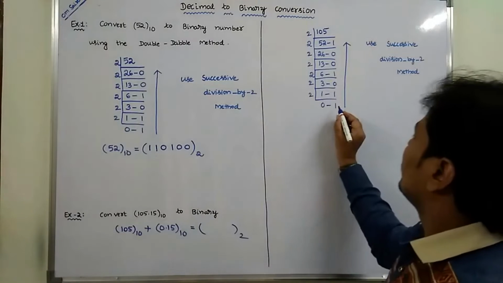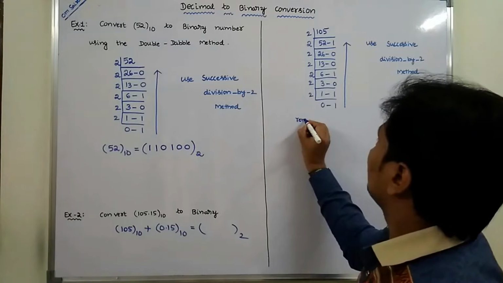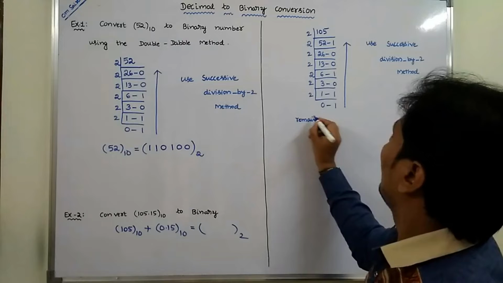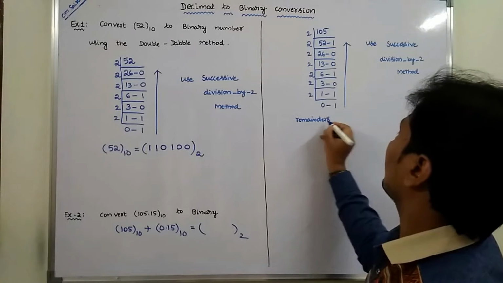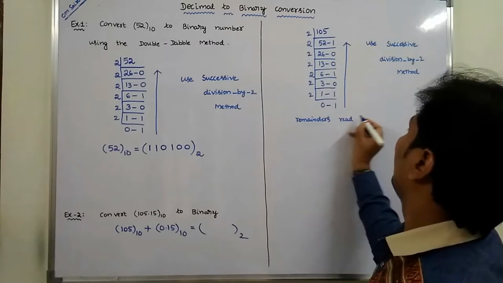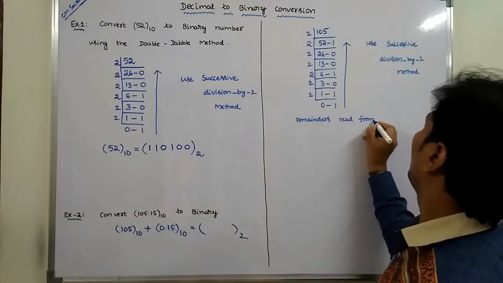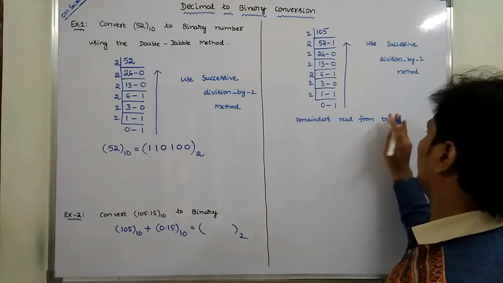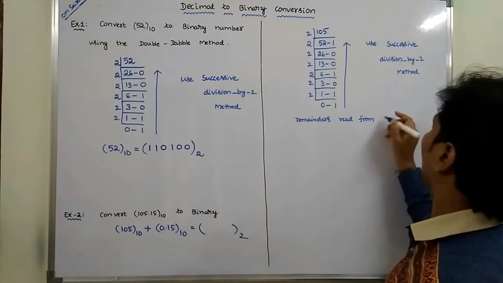So the remainders are read from bottom to top.